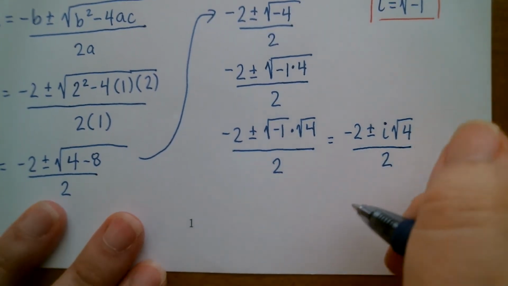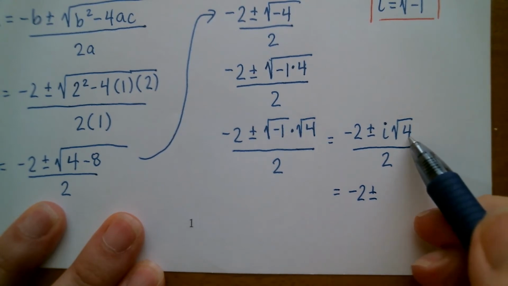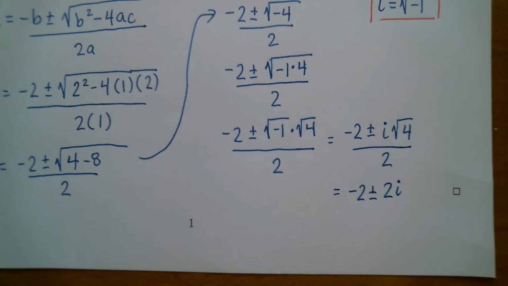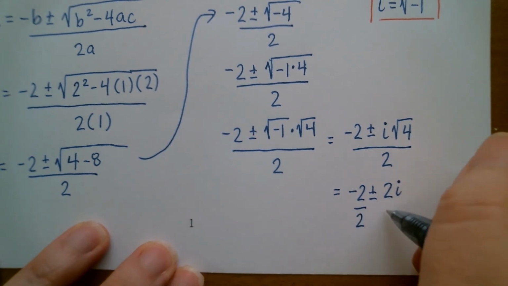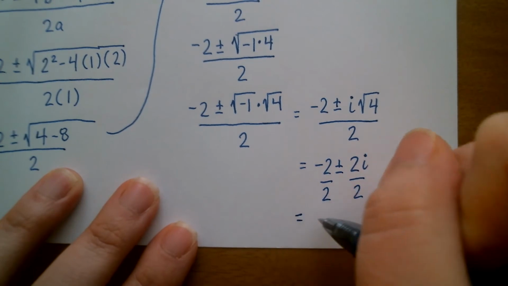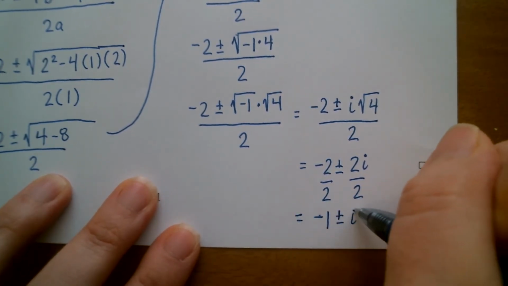Negative 2 plus or minus the square root of 4 is 2, so this is going to be 2i. You could write it i times 2 or 2 times i, it doesn't matter. Everything is divided by 2, so you got to divide both pieces by 2. And so the final answer would be negative 1 plus or minus i.